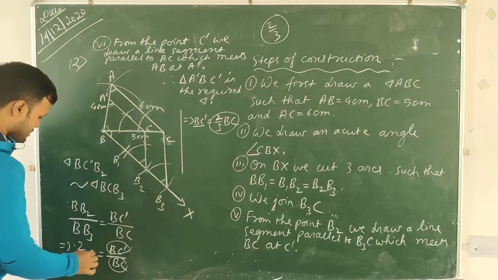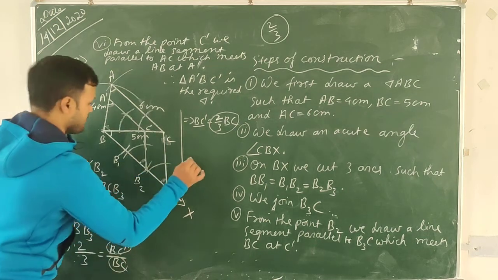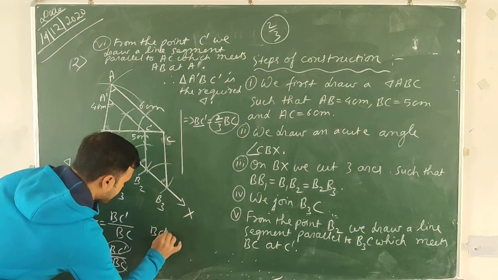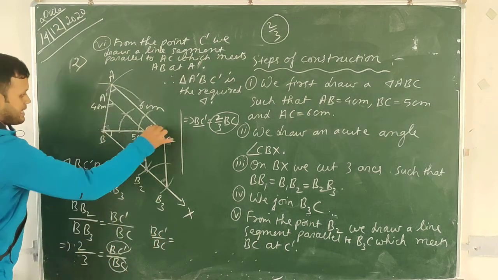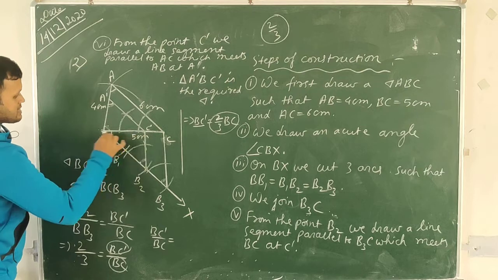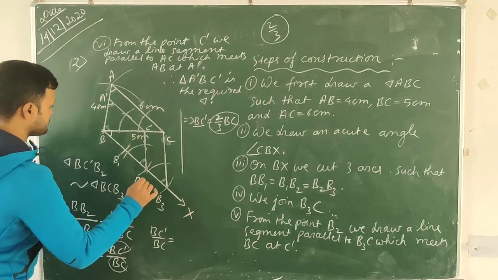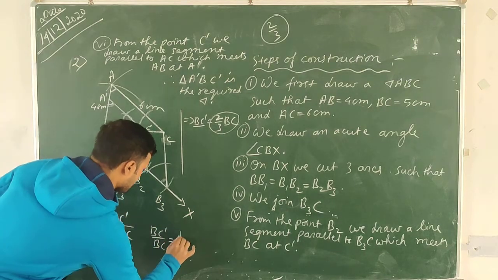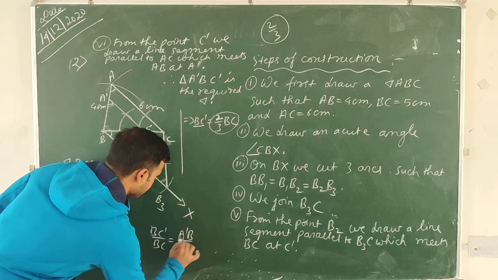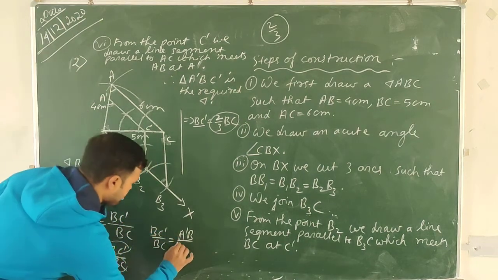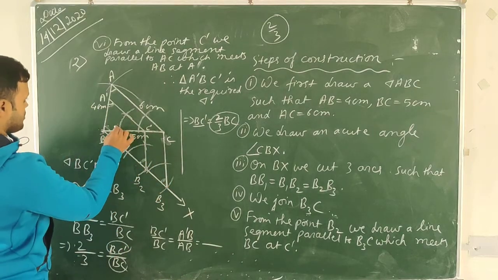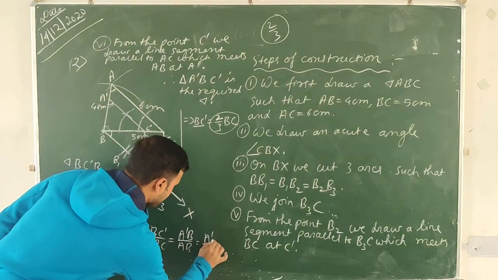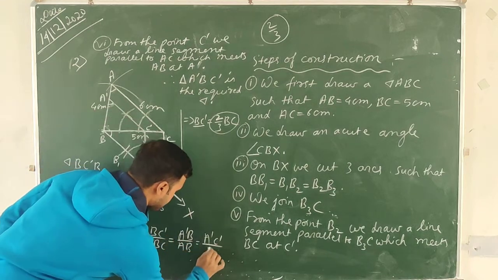Like this, if you consider BC dash by BC, because this smaller triangle and this bigger triangle are similar, BC dash by BC is equal to A dash B by AB is equal to A dash C dash by AC.